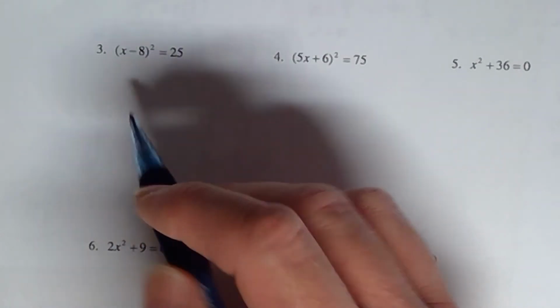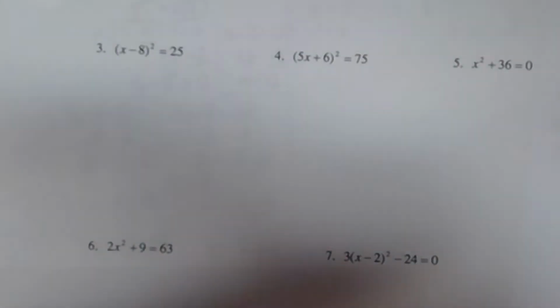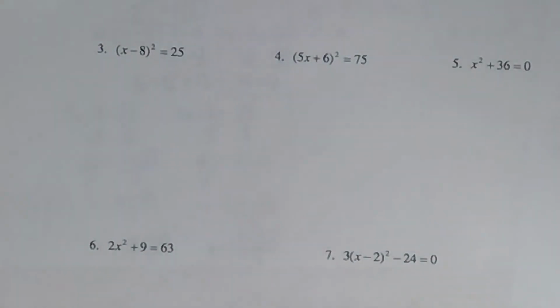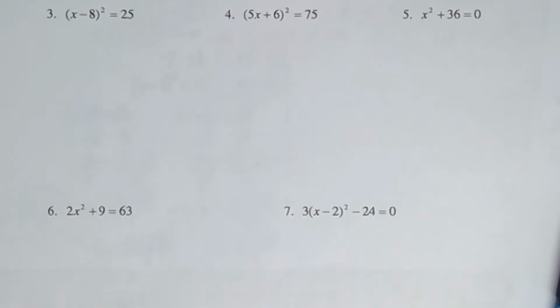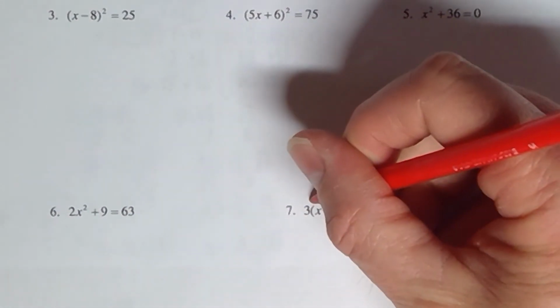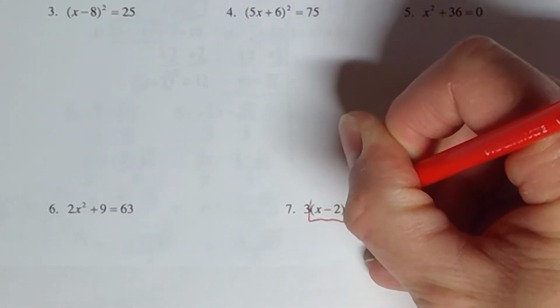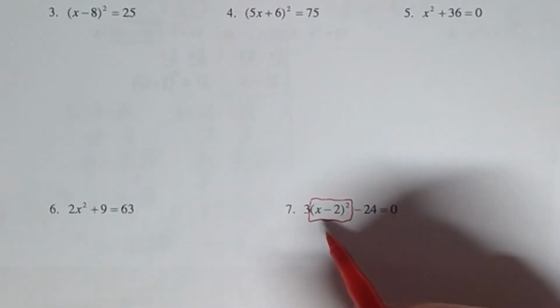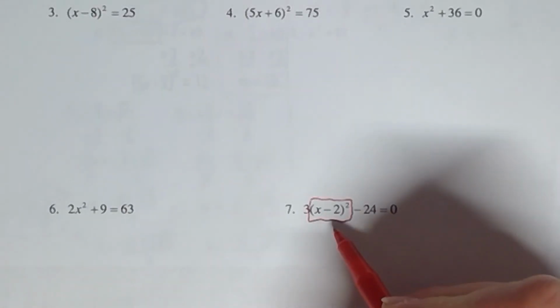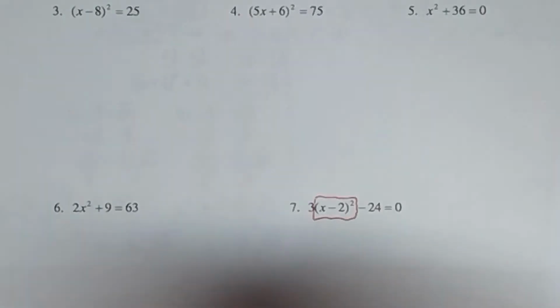So you can jump right to that step where you do the square root property with the 2 square roots in those problems. In number 7, however, you've got to get this thing by itself, don't you? Again, if they're asking you to do the square root property and you've got a bracket being squared, you've got to get that by itself first. Then you do all the rest of the stuff that we've been doing.